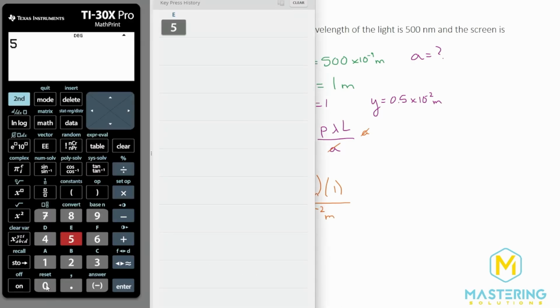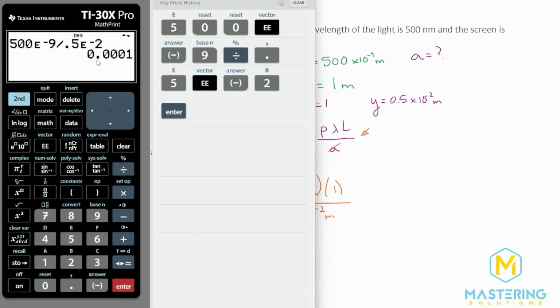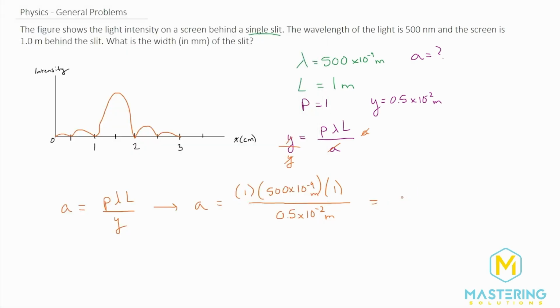And that gives us 0.1 millimeters, or 10 to the negative 3 meters. And so that is our answer here for the slit width on the single slit question, 0.1 millimeters.